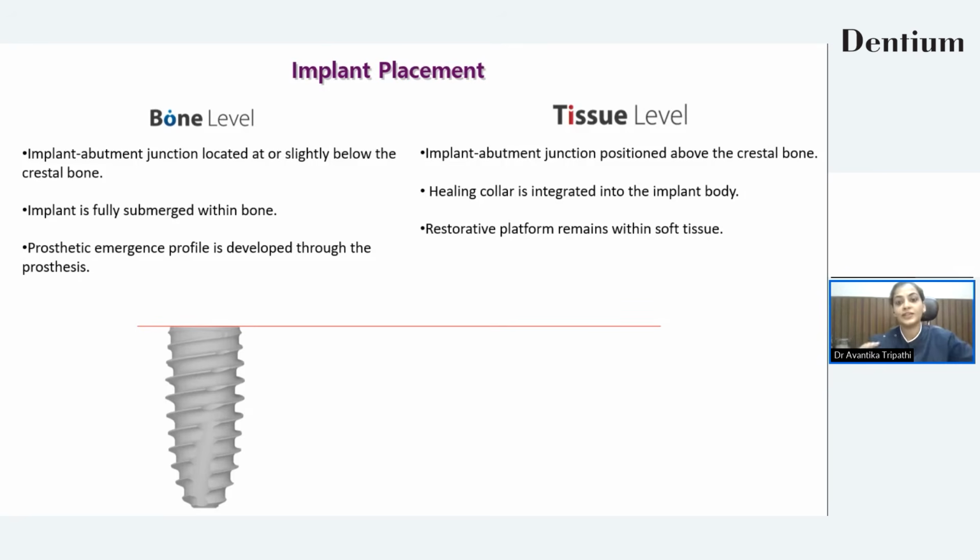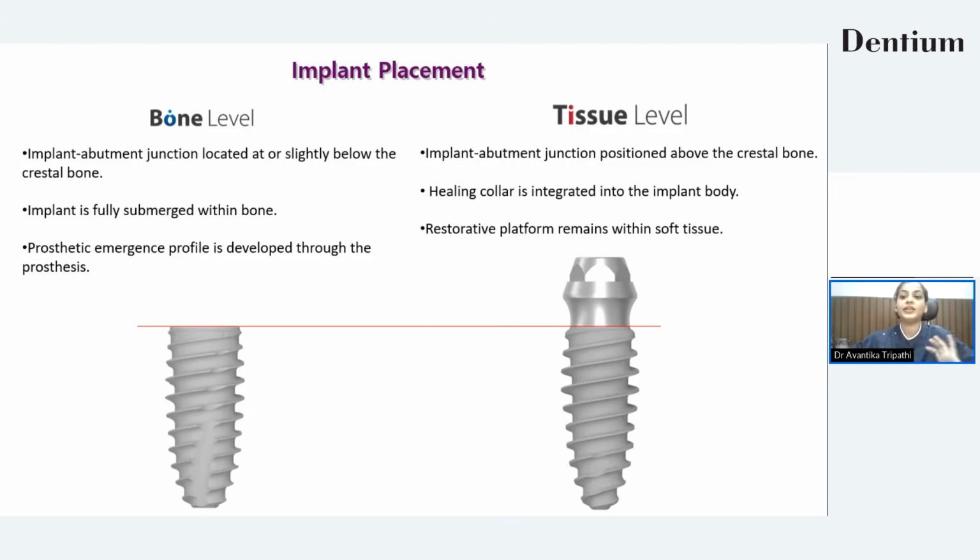So it is mandatory that in tissue level implants, the implant abutment junction is always positioned above the crestal bone. In the bone level variant, the implant is fully submerged within the bone, whereas in the tissue level, it is visible through the soft tissue. In the bone level, the prosthetic emergence profile is developed through the prosthesis.